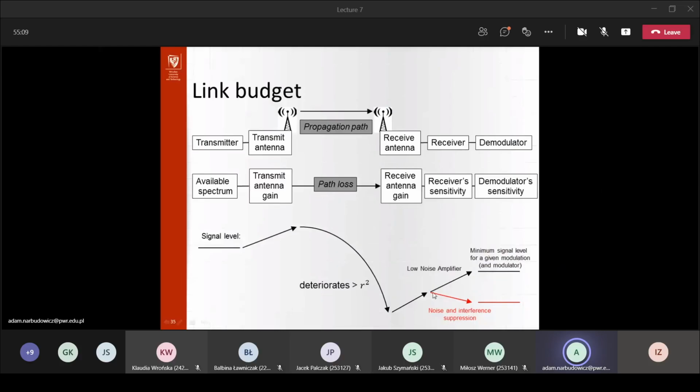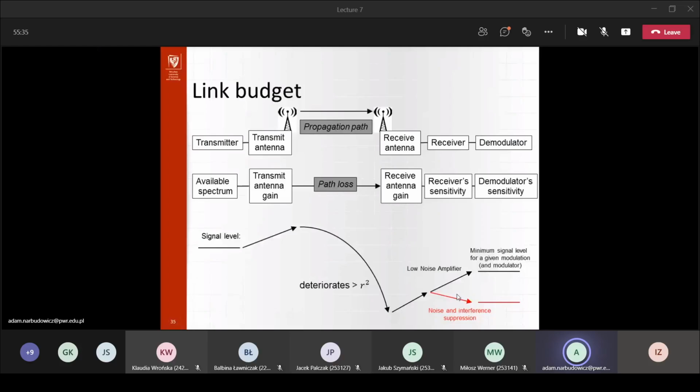So for the low noise amplifier, this red arrow was supposed to symbolize noise. However, this is not accurate because, well, you can do some averaging and things like that, but typically you are not reducing the noise with the low noise amplifier, you're just trying not to add much more noise.